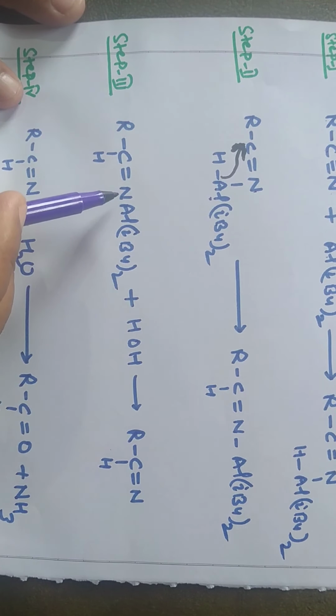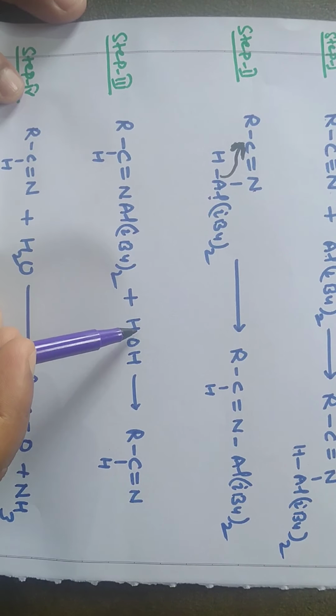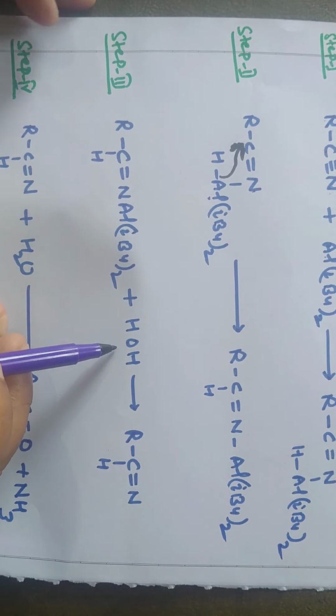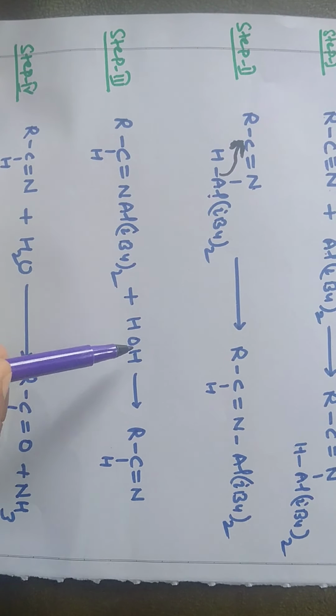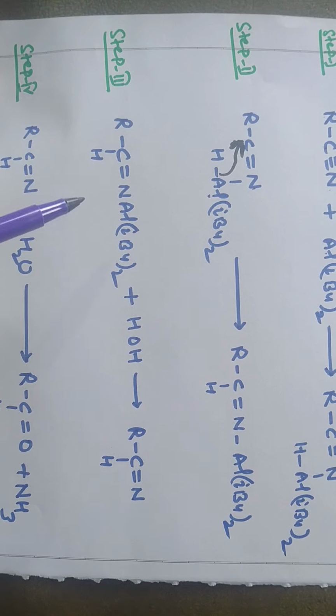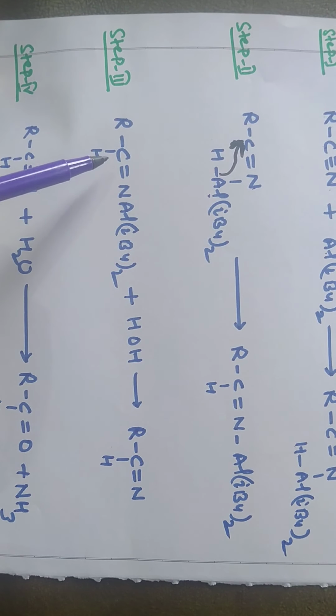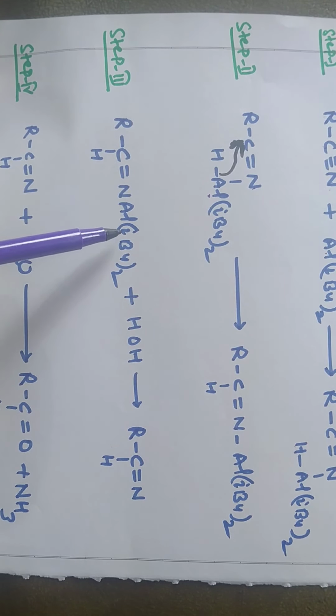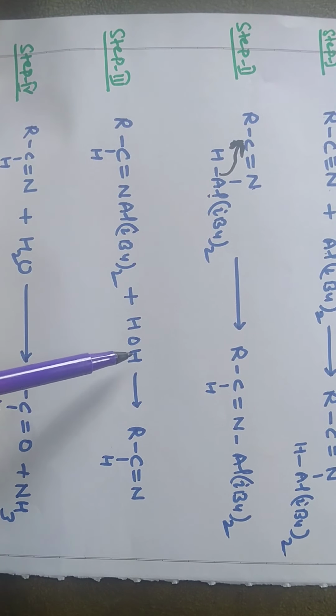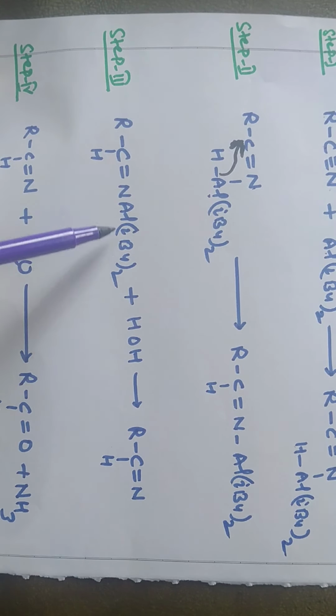As you can see, this hydrogen is now attached to this carbon atom, and the rest is attached to the diisobutyl aluminum, that means the OH group, this one.